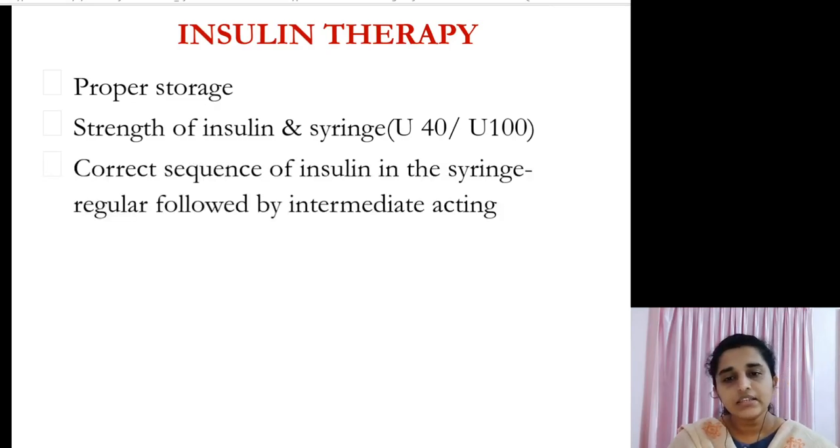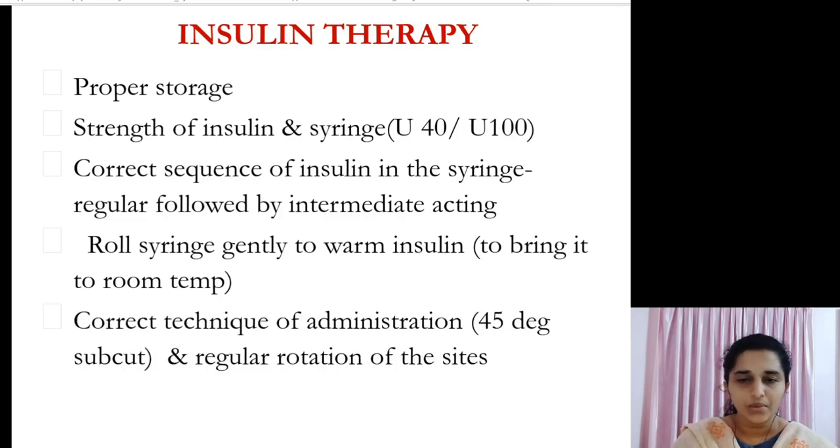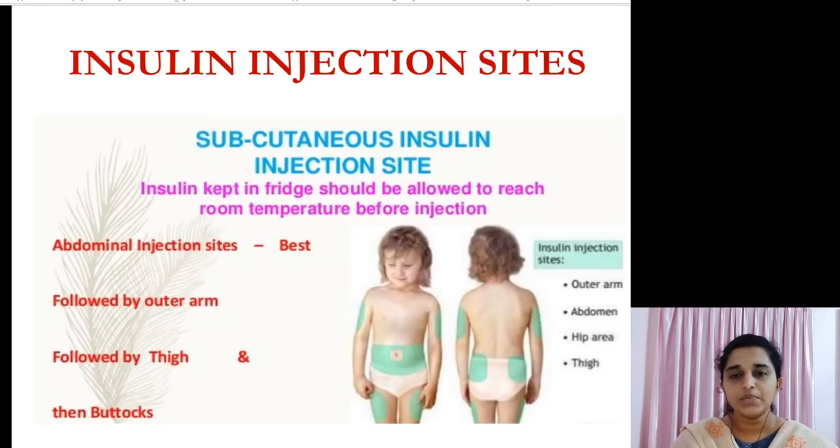There is a correct sequence of drawing insulin in the syringe, that is regular insulin followed by intermediate-acting. To bring it to room temperature, roll the syringe gently to warm the insulin. And the correct technique of administration is at 45 degrees subcutaneously, with regular rotation of the sites. So this we have to keep in mind.